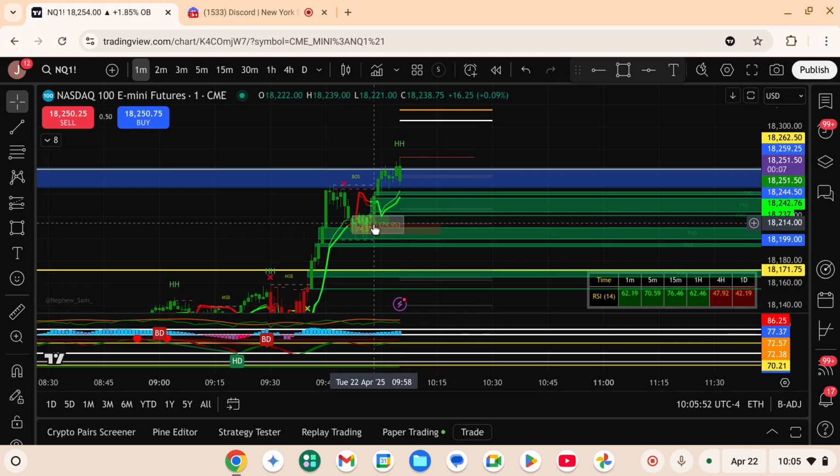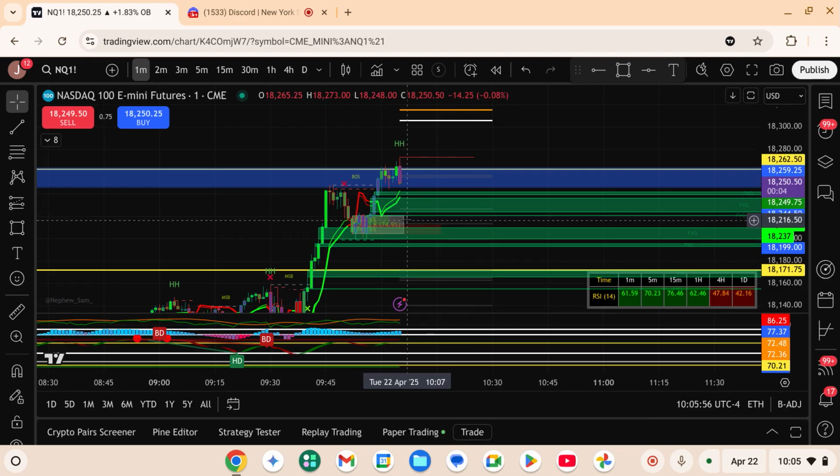Maybe we can use this order block to take longs.